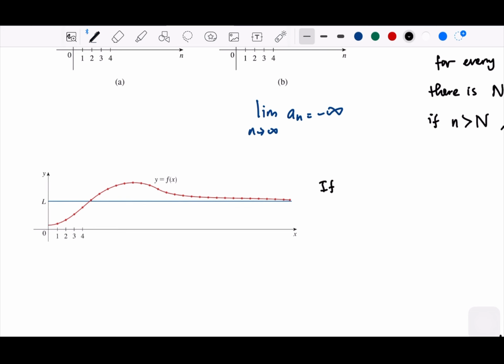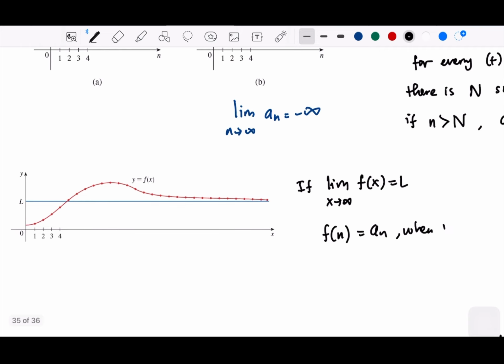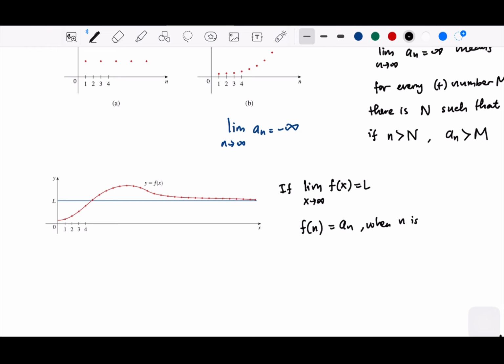So if the limit as x approaches infinity of f(x) equals L, and f(n) is the a_n itself when n is an integer, then we go back to the definition of the sequence with limit. That is true. So we could describe the a_n in terms of functions. I think this should be very intuitive, right?